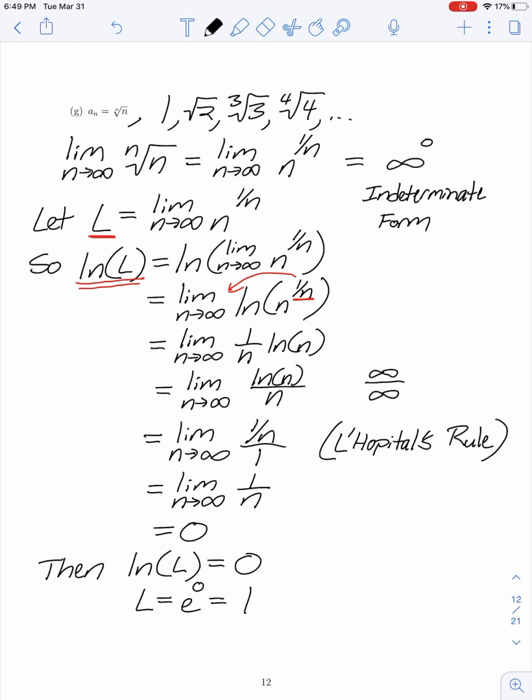To get the limiting value L, we have to exponentiate both sides. We would have e to the 0 power, which is 1. So the limit of the general term of this sequence is equal to 1, so we would say that our sequence converges to 1.